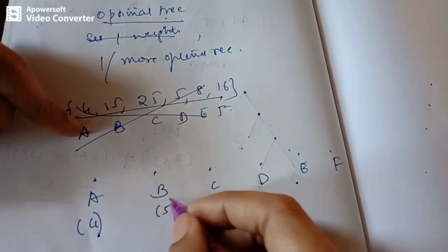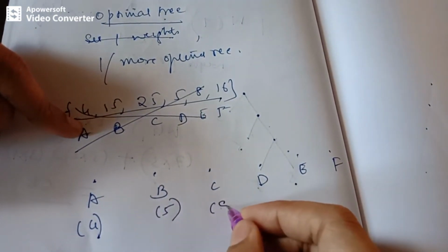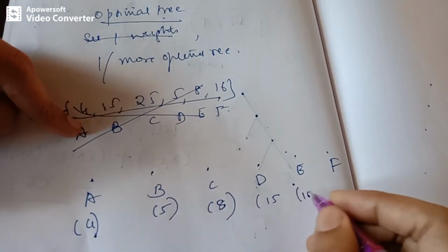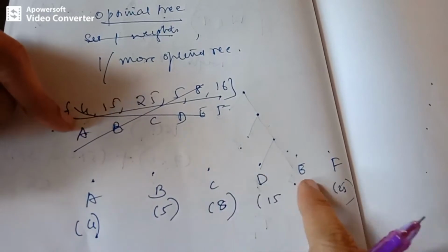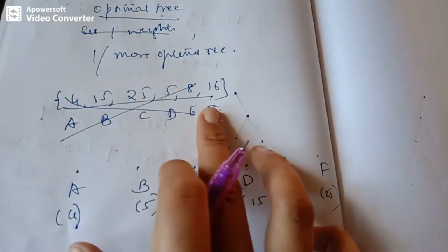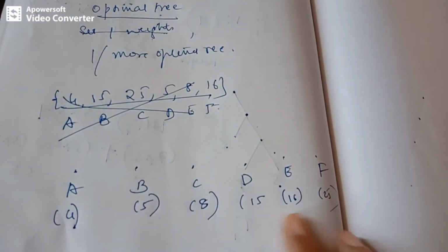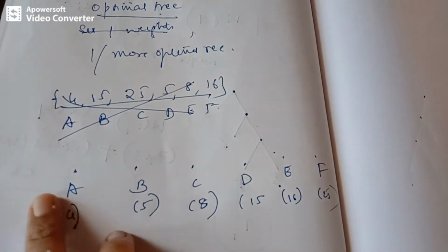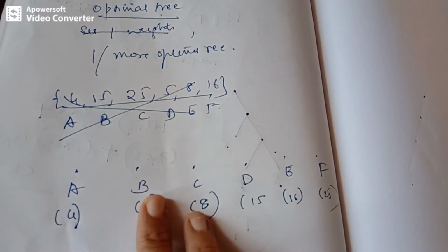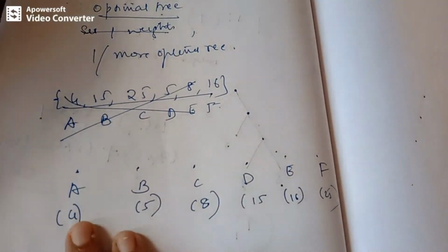So next we will have 5, next is 8, next is 15, next is 16, next is 25, and then I will assign the nodes. Okay, that will be easier. So first I will arrange the numbers in increasing order, then I will be assigning the alphabets or the nodes of the tree to it. I will be attaching the nodes with their weights to it.